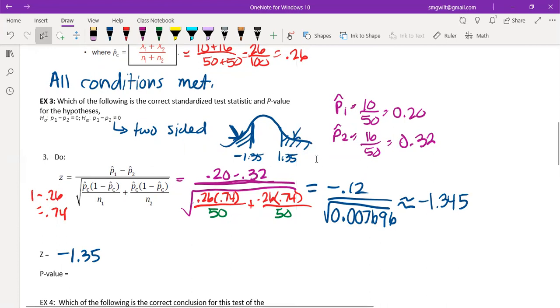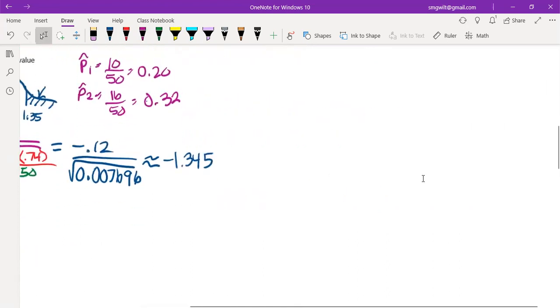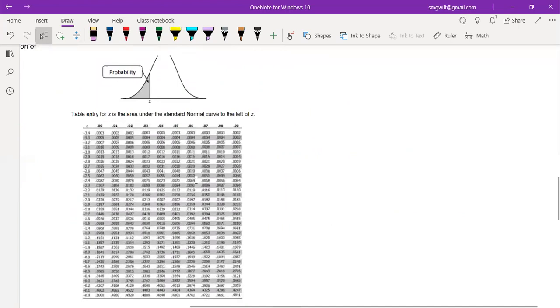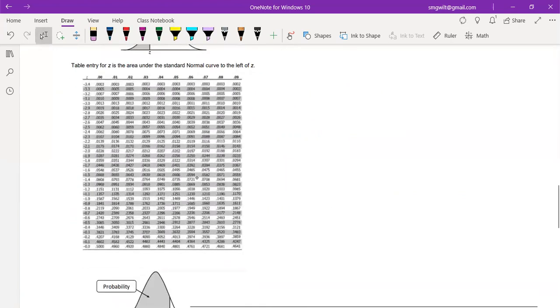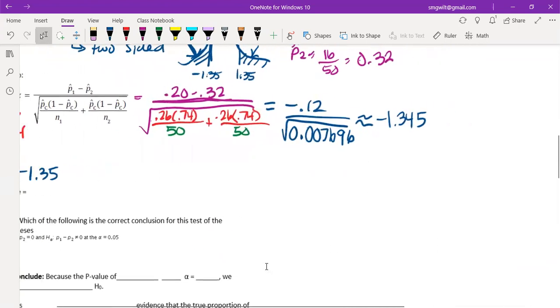And then I know that the positive one is just the same amount because it's symmetric. So if I look up negative 1.35, that's going to give me 0.0885.